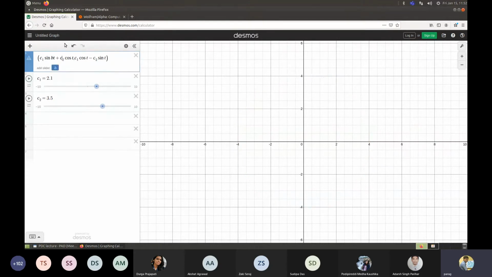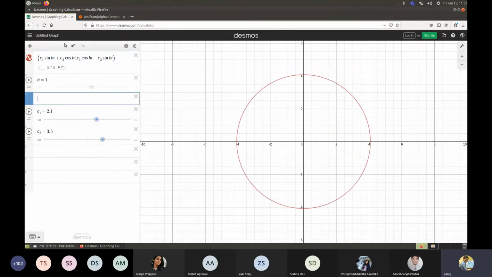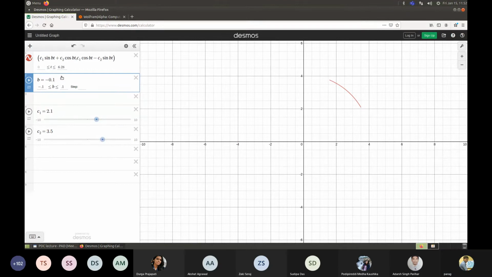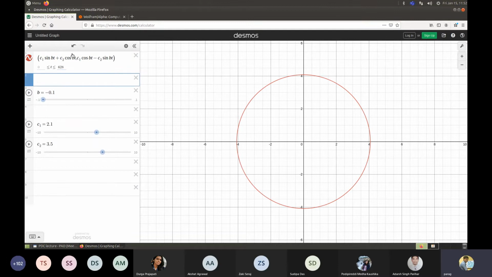I can also do one thing here: I will make it bt and try to change b. Well, nothing changes. But one thing changes in fact. Let me make b a very small number, from minus 0.1 to 0.1, and see what happens as I change this.